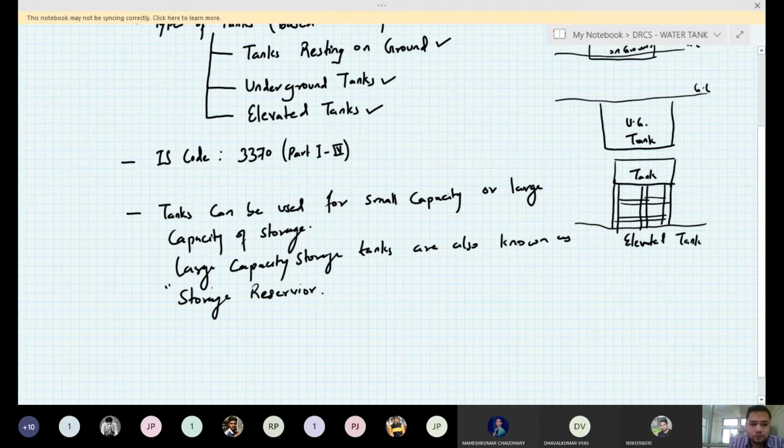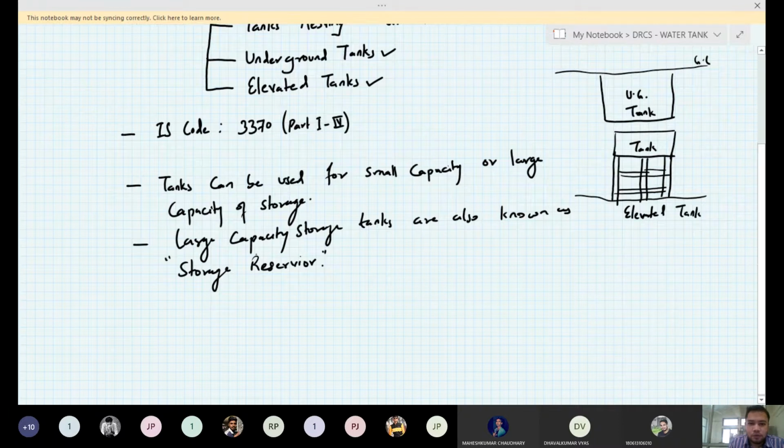The large storage capacity tanks resting on the ground are known as ground storage reservoir. Ground storage reservoir means resting on the ground.